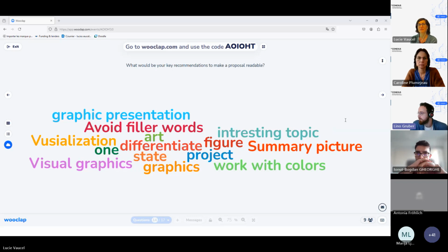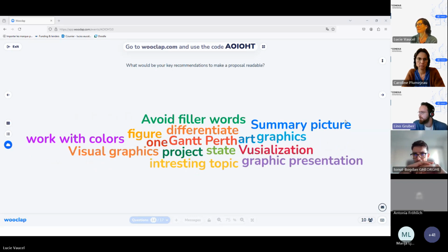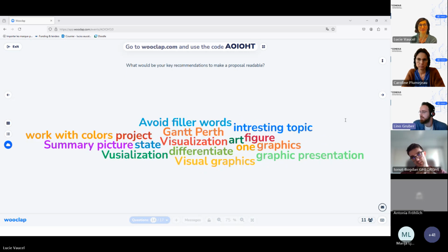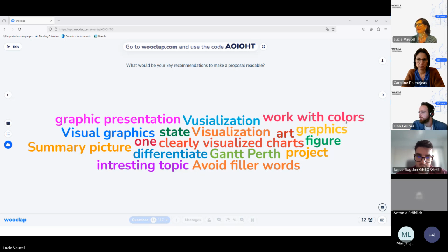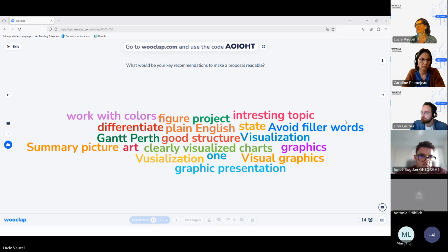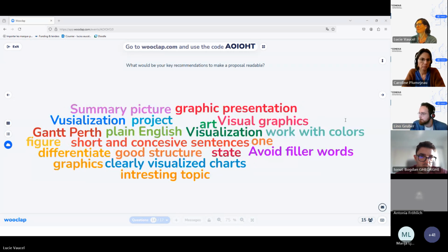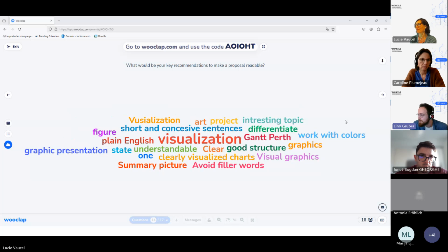Visual graphics, art, graphics, Gantt, PERT, figure, differentiate, okay. Plain English, understandable, good structure, clearly visualized charts.